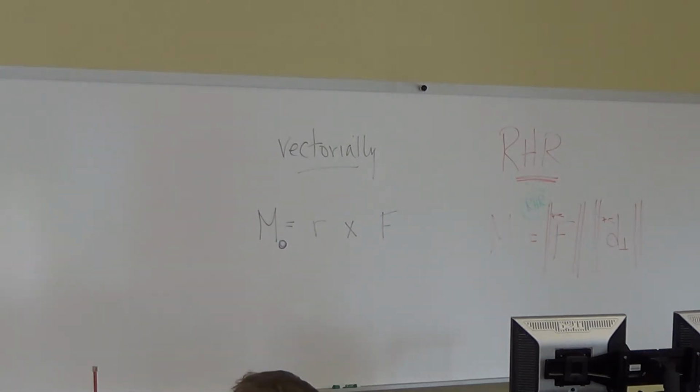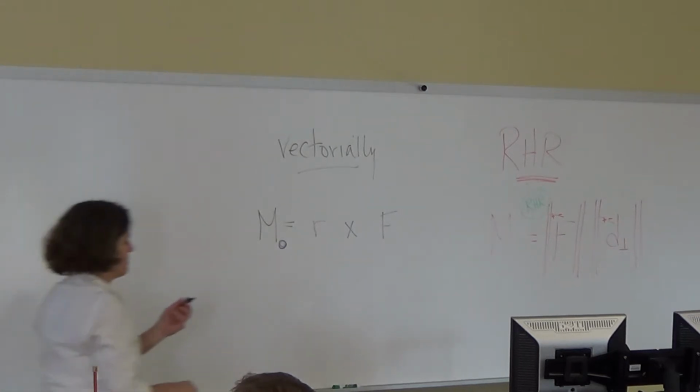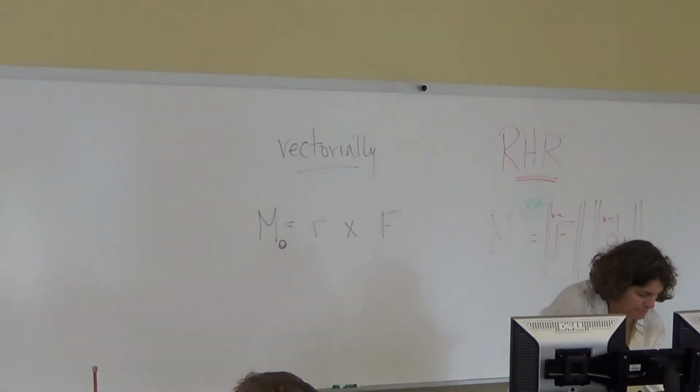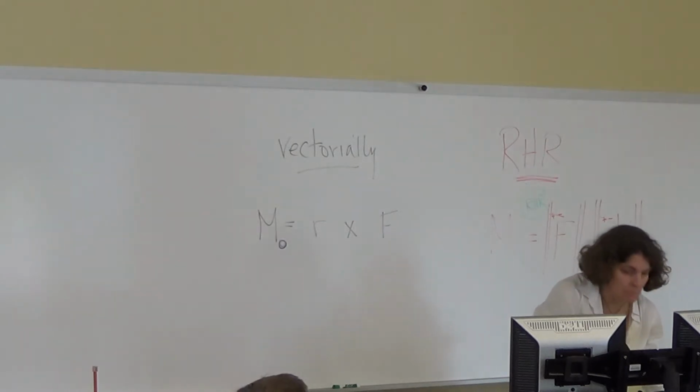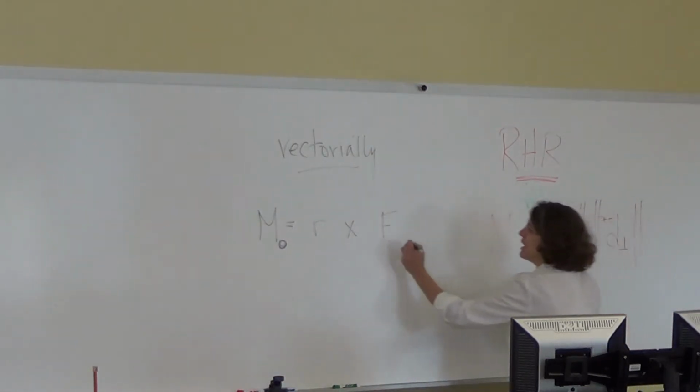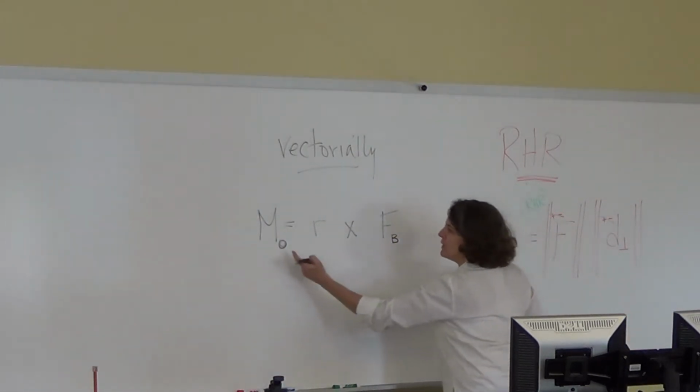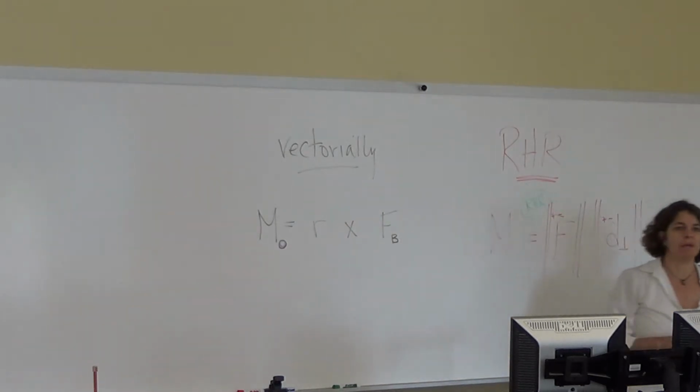I don't see a point label. I'm going to cut this now so you can see it better. Let's call it point B. So we wanted to find the moment about point O due to the force at B.